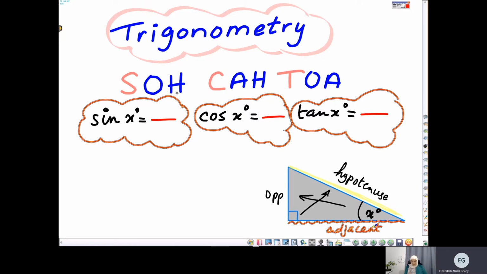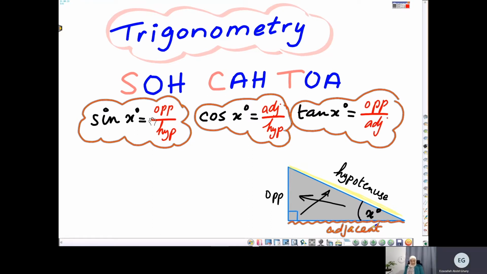Sine of an angle is opposite over hypotenuse. CAH stands for cosine, and cosine of an angle is the ratio between adjacent over its hypotenuse. And TOA is the ratio of opposite over adjacent.